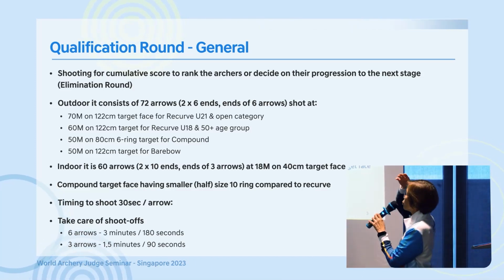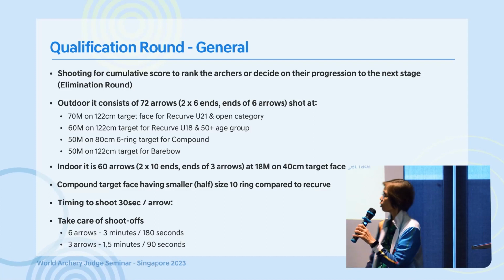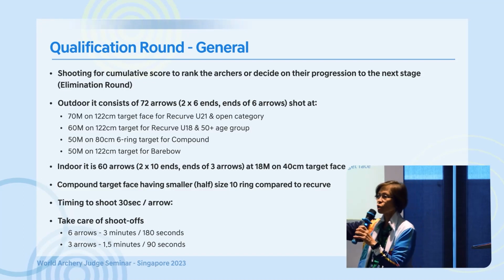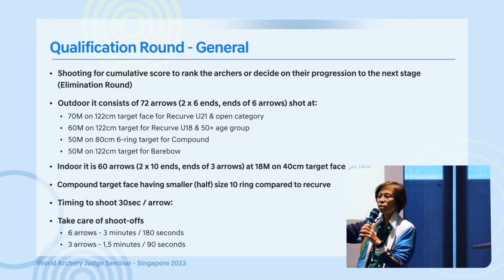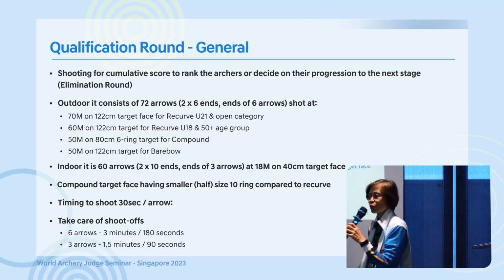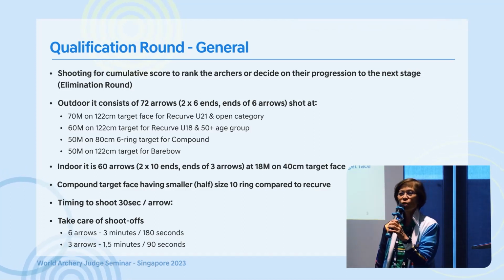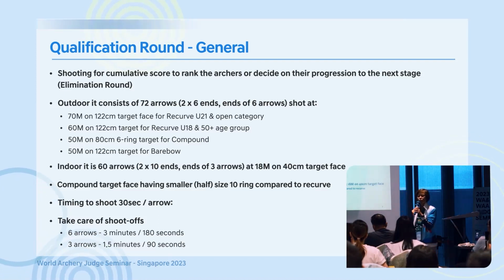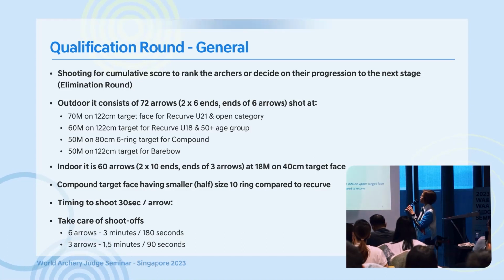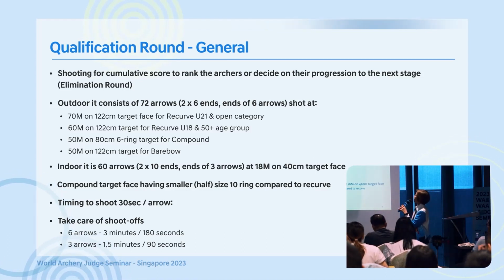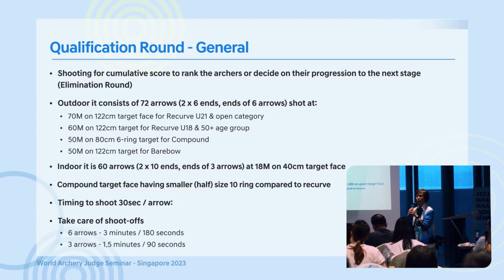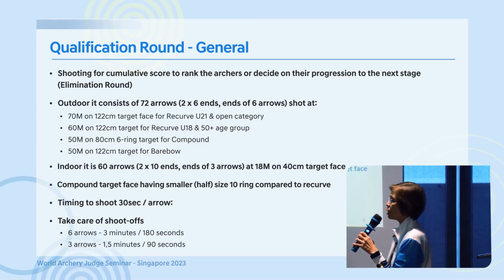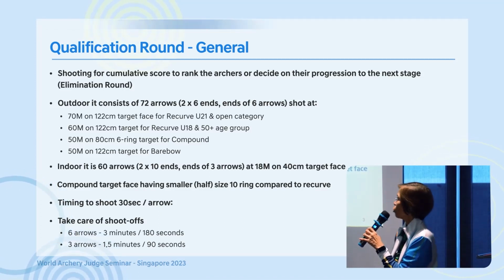When we go to the qualification round, all of you, I would think, know what it consists of. It's right there in front of you: 72 arrows, two faces at 6 ends each, ends of 6 arrows, shot at what? 70 meters for recurve, under 21, and the open category.